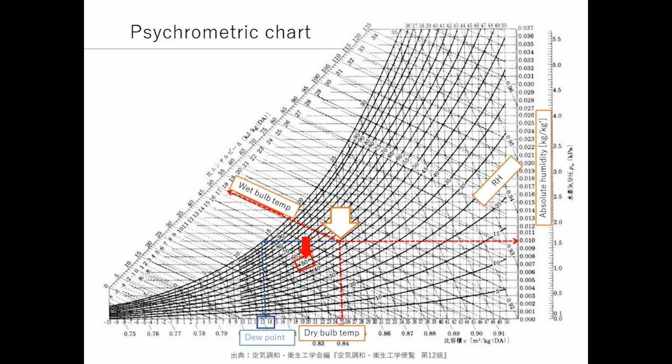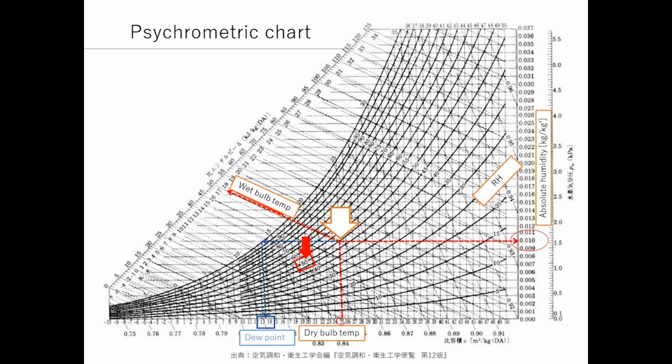If you draw a straight line from this intersection to the vertical axis on the right, you can see that the absolute humidity of this air is 0.01 kilograms per kilogram. That is, 1 kilogram of dry air contains 10 grams of water vapor.